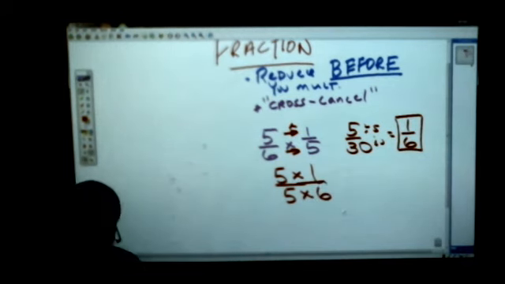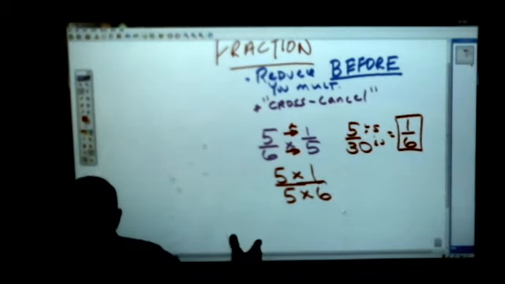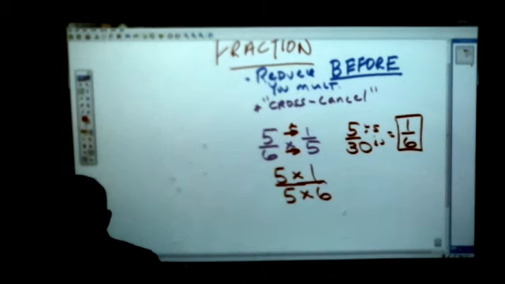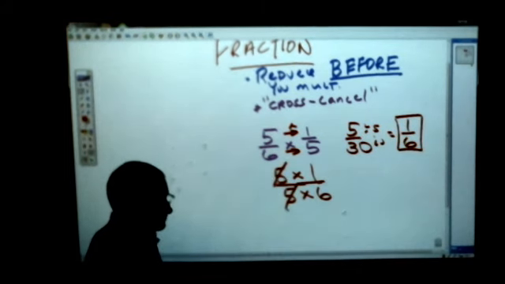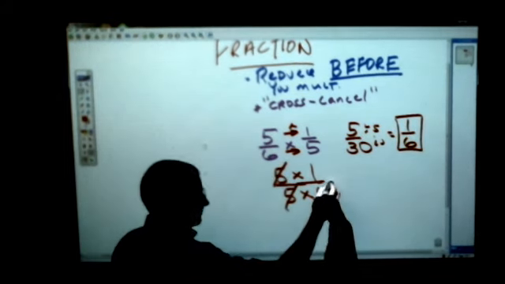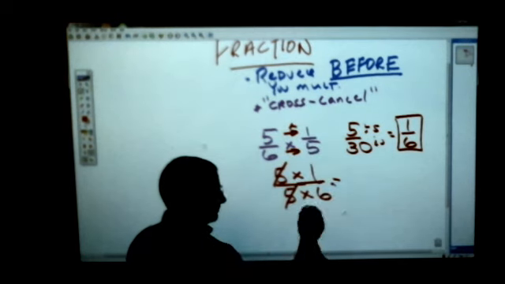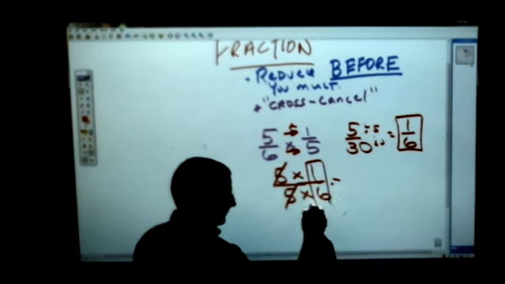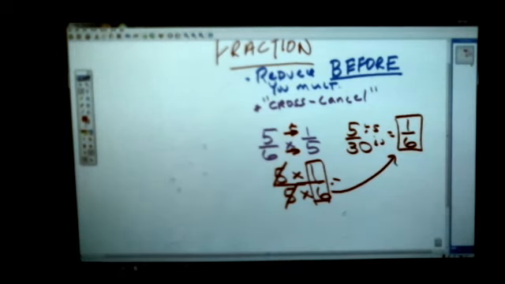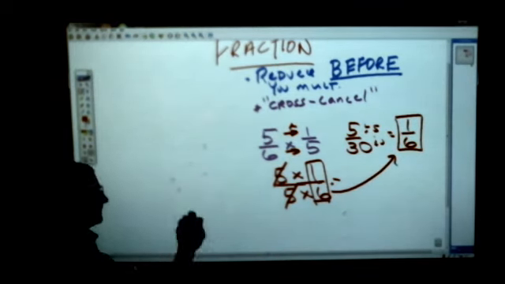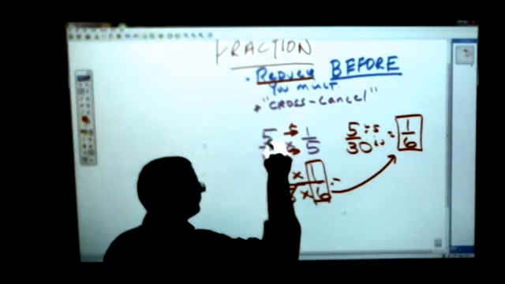And if you remember, we just got done talking about when you prime factorize things, what happens if you have the same thing on the top as on the bottom? They can cross-cancel. So if you have an identical 5 on top and a 5 on the bottom, you could cross-cancel them before you multiply, and look, all you have left is what our answer should be. Basically what you're doing is, as it says, you are reducing before you multiply.